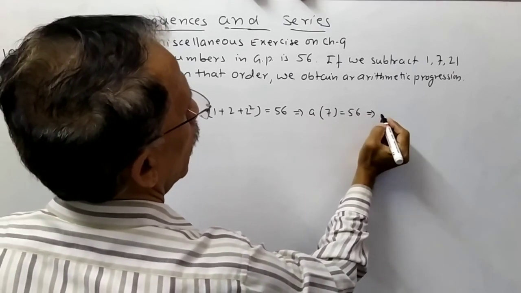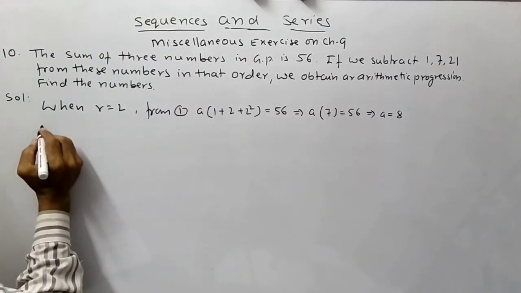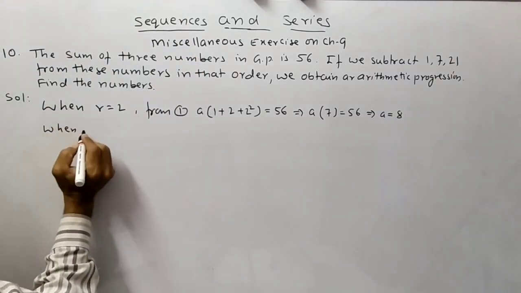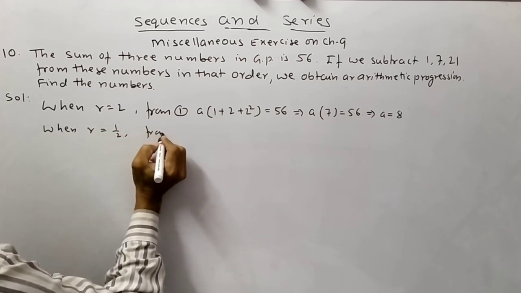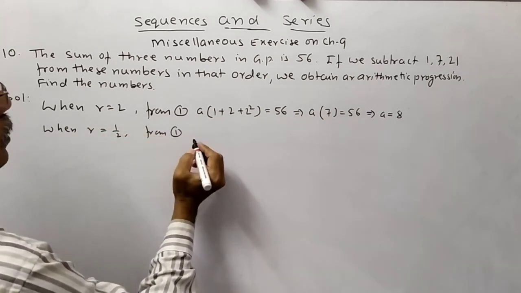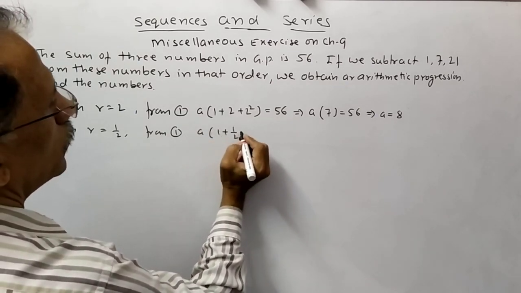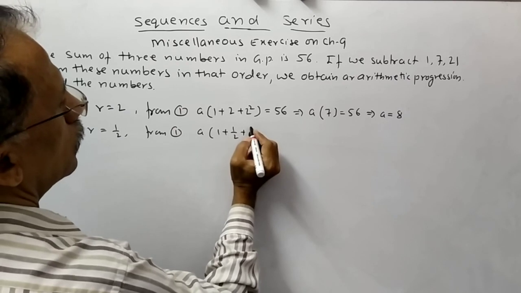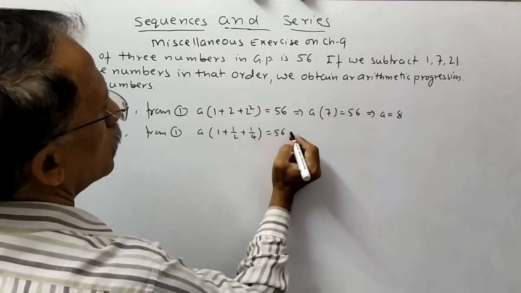This implies a is equal to 8. When r is equal to 1 by 2, from 1, a into 1 plus 1 by 2 plus 1 by 4 is equal to 56.